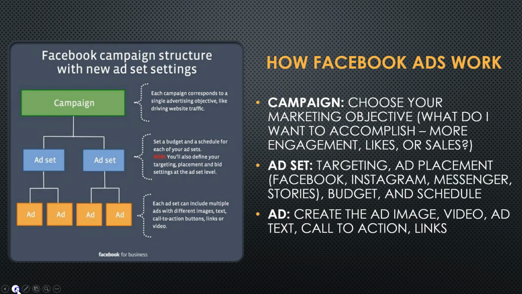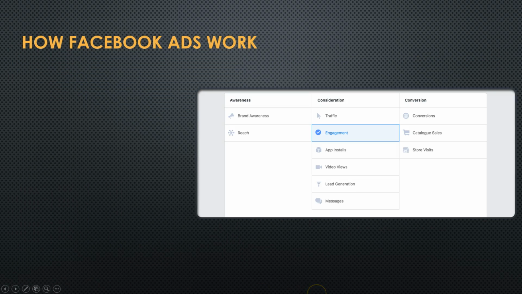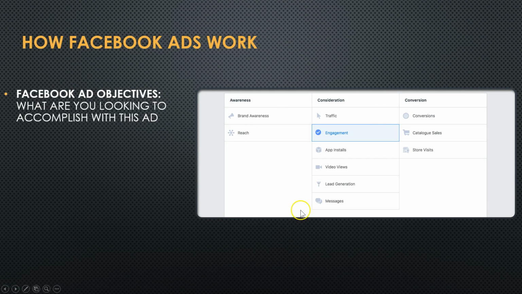So when we go to the next screen, when you start setting up your ad, there are going to be three broad categories, and you need to be aware of what these categories are. We have what are called the Facebook objectives. What are you looking to accomplish with this ad? Under the Facebook objectives, you're going to see these three main areas.